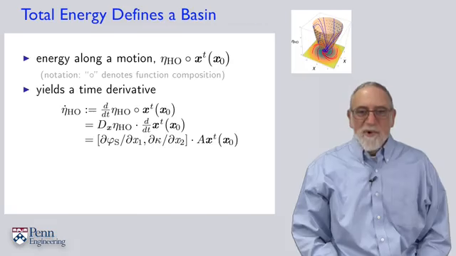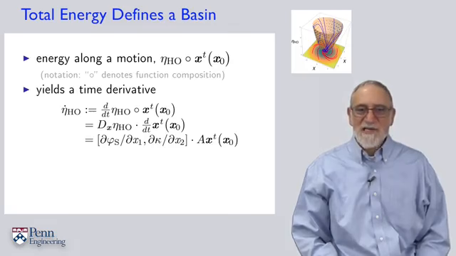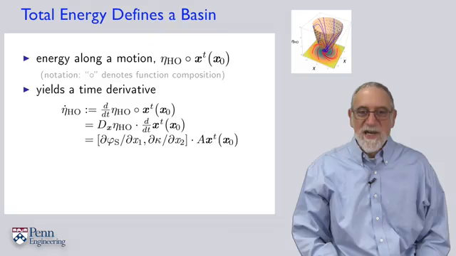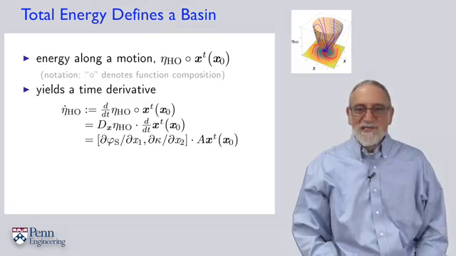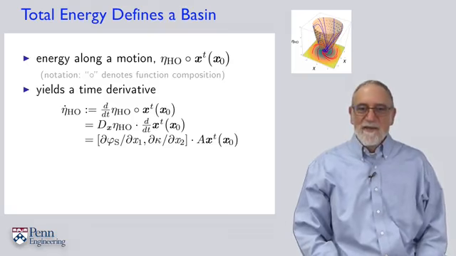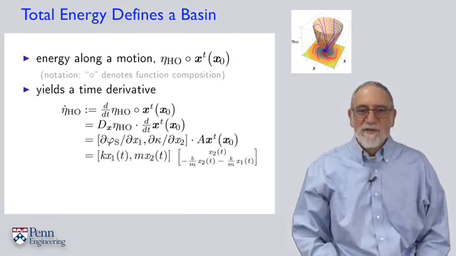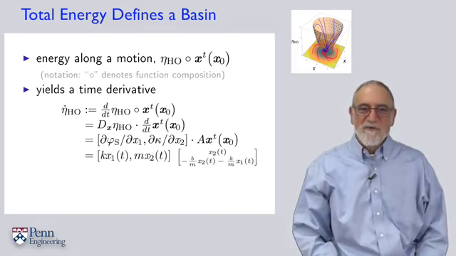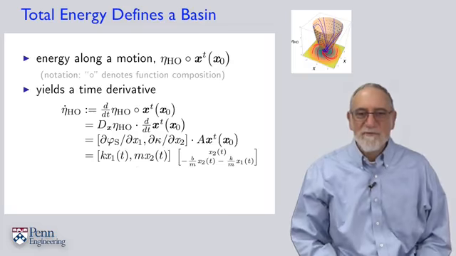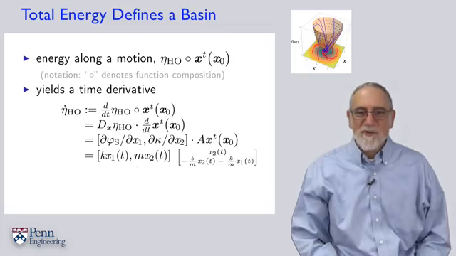Let's also remember that the trajectory through the initial condition has to satisfy the original differential equation, so that d by dt at any point along this trajectory, x of t, has to be equal to A times x of t. Now, let me evaluate the spatial derivatives of the total energy on the left with the matrix product on the right.